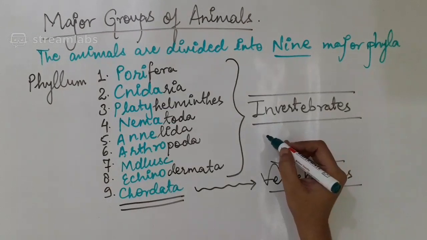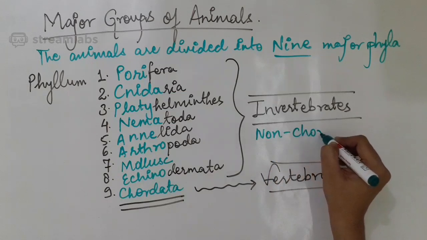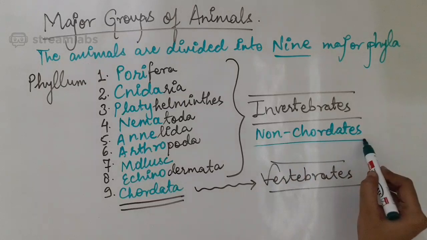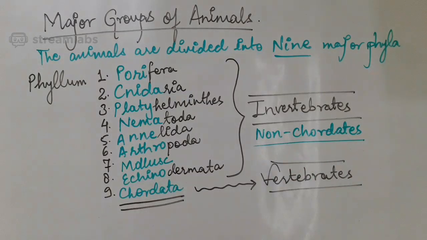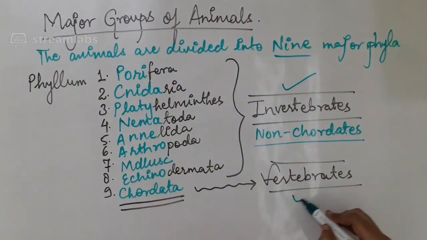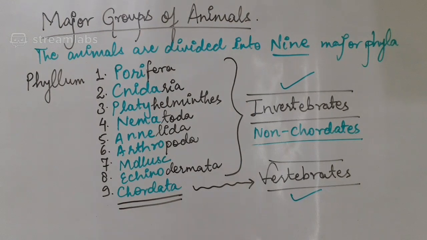Invertebrates are called non-chordates, meaning those not having the notochord. Vertebrates are having notochord, that's why they are under the phylum Chordata. So we will be discussing the invertebrates and vertebrates or the chordates differently.